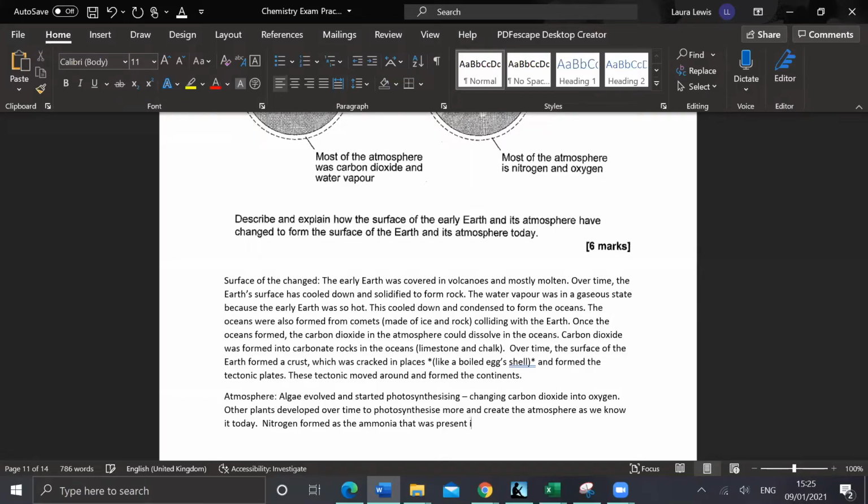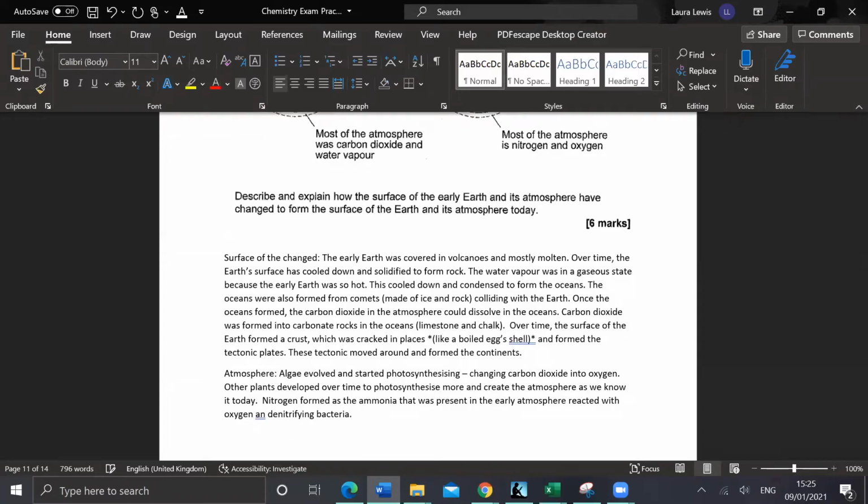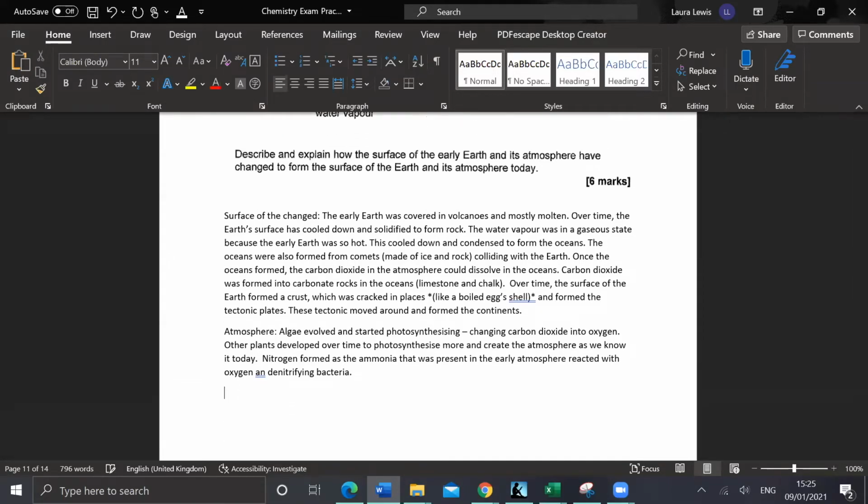The ammonia that was present in the early atmosphere reacted with oxygen and denitrifying bacteria. So you've got the nitrogen cycle featuring here. There's a bit of extra information from biology, because all the sciences cross over, and it's much better to see it as a cross-disciplinary thing.